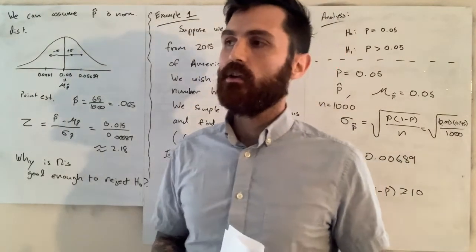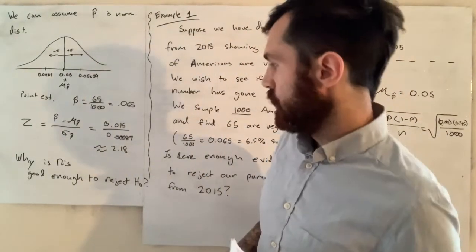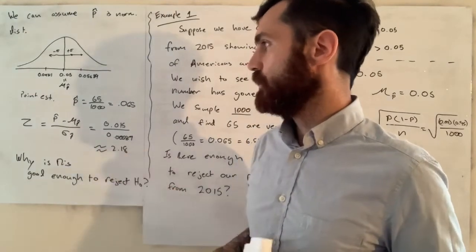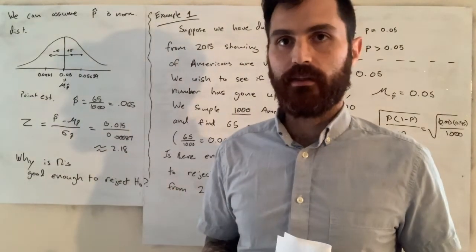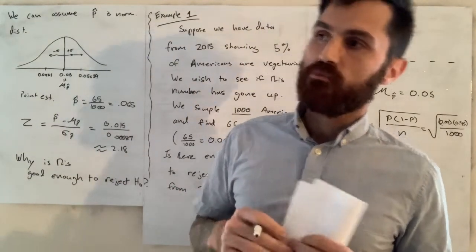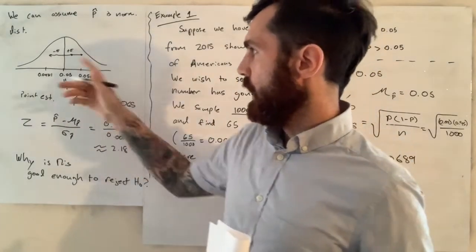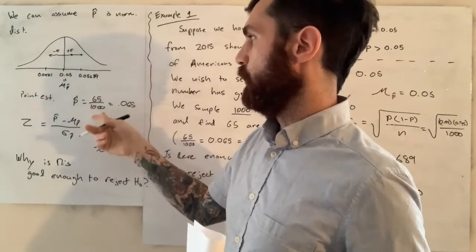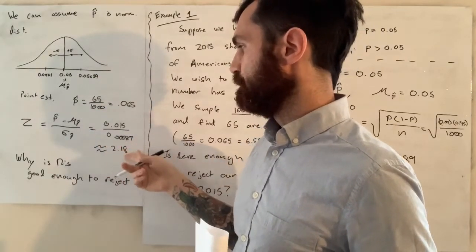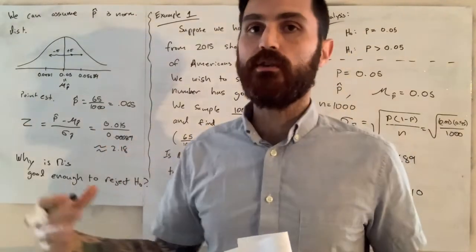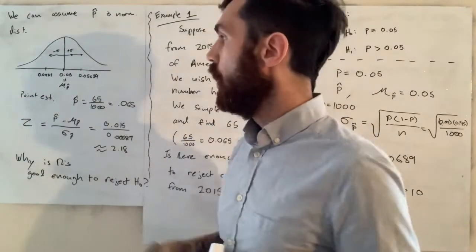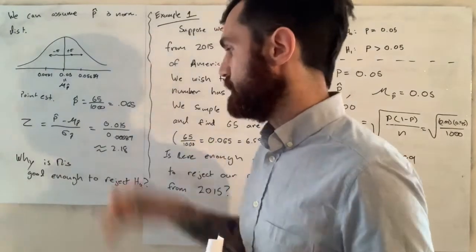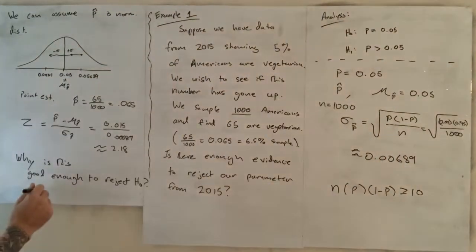We haven't decided what it would mean, what would be good enough for us to reject our null hypothesis. But traditionally, if your sample mean or your sample point is more than 2 standard deviations away, then we generally think of that as what's called statistically significant.